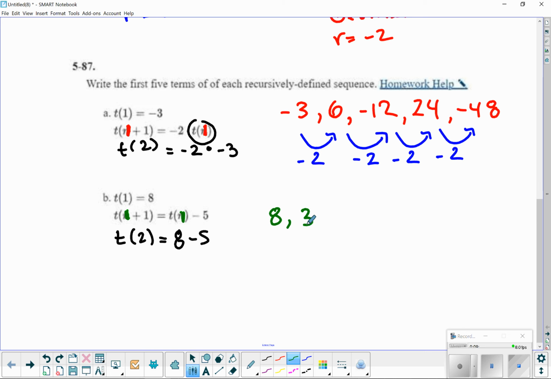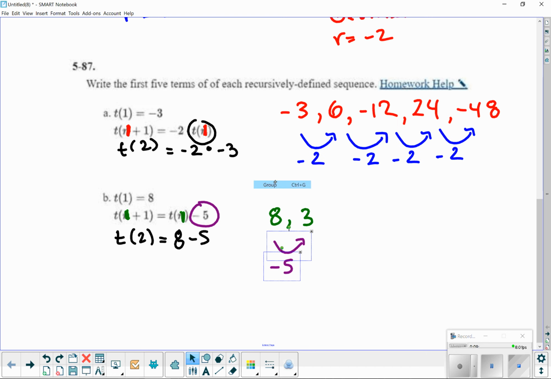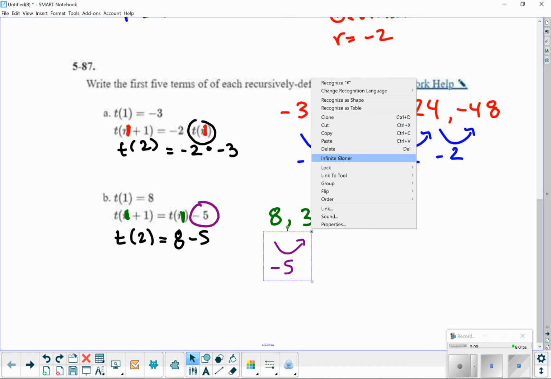So I know that between here and here, I'm subtracting 5, and it matches with this. Okay, so then I know that my next term and next term and next term is going to be found by doing a repeated subtraction of 5.